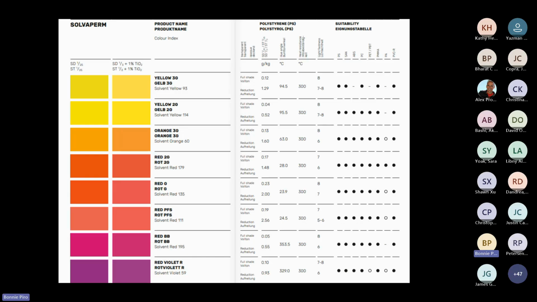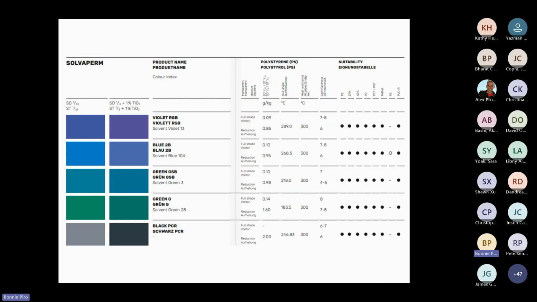A listing on the website can give you this information as far as the chemistries that are available, as well as the polymer suitability, the heat stability, and other information that you can find useful in your selection for solvent dyes. This one is the second part of the blues and the black and green.